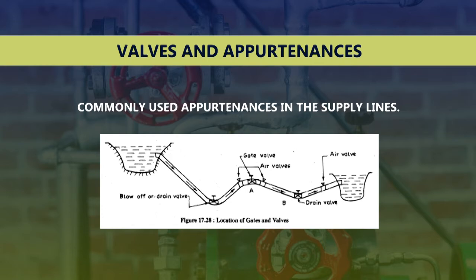At lowest points in the network, we generally provide valves known as drain valves or blow-off valves. Right next to pumps, we generally provide one-way valves, among others. These are just some of the examples of the valves that are generally used in a water supply network. Let's look at them in more detail.